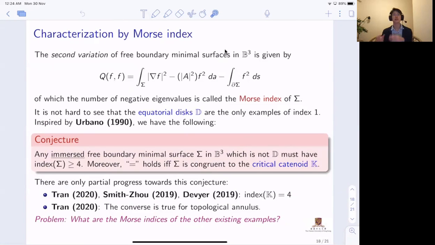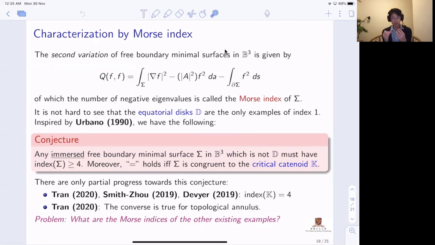So they proved that the critical catenoid has index 4. So now the problem remains to show whether this is the only example with index 4, to complete a classification result analogous to Urbano's result.